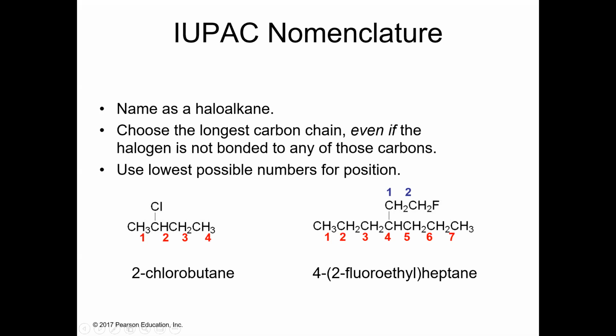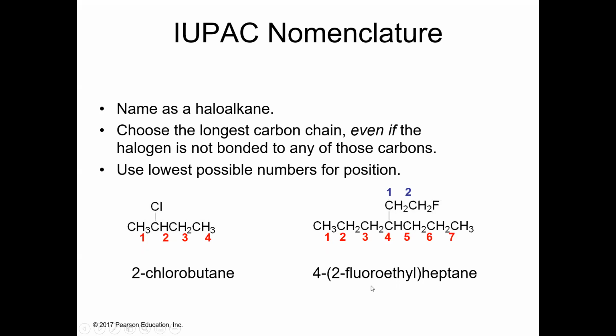Here we have 2-chlorobutane, and we want to use the lowest possible number. This is an example of a complex substituent on the right. This is 4, and then the substituent is 2-fluoroethyl. We start counting from where it's connected to the parent, so this is position 1, this is position 2.